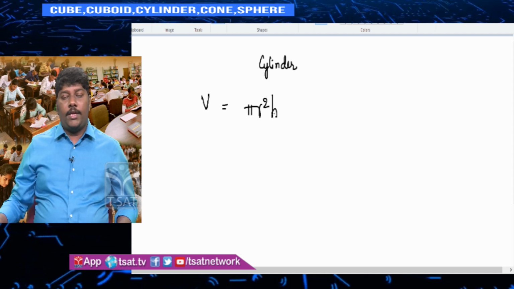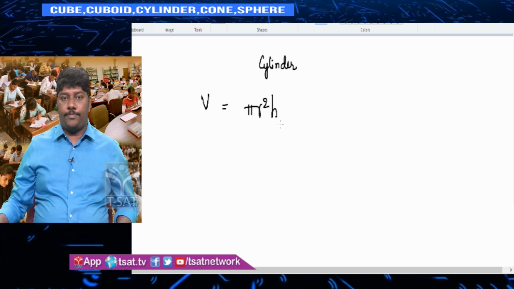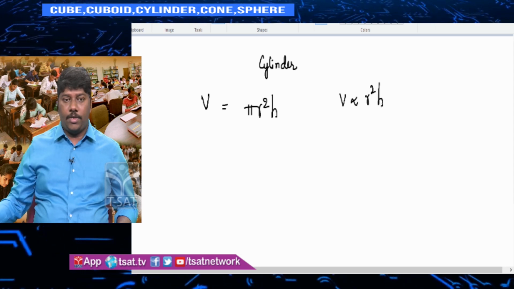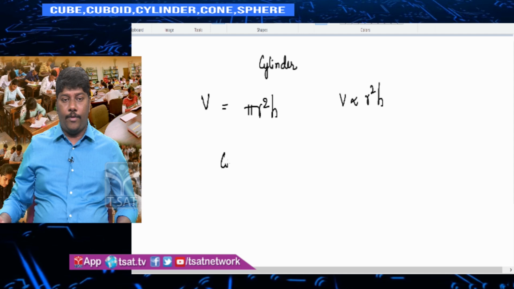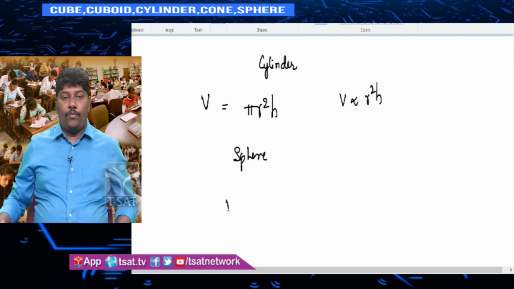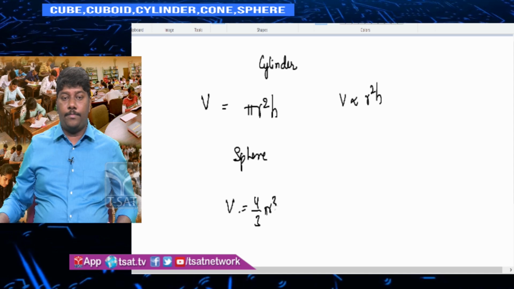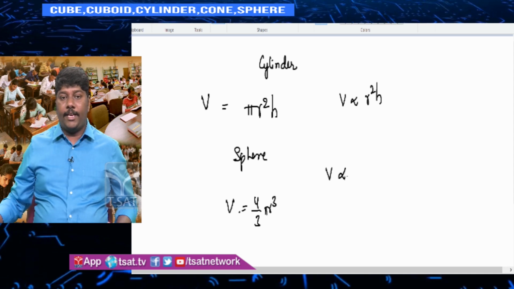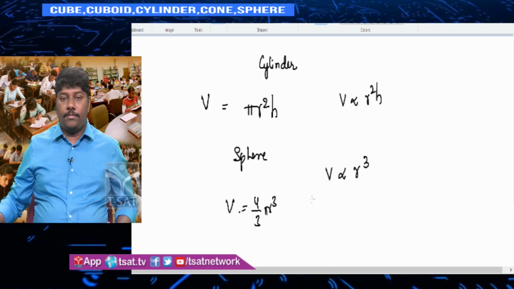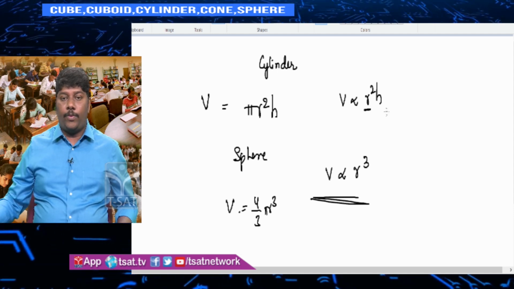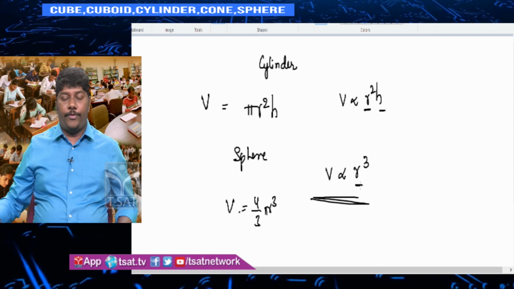Now the volume of a cylinder is pi r square h. Here the variables are r and h, therefore volume varies directly with r square h. For a sphere, volume is 4 by 3 pi r cube, so volume varies directly with the cube of the radius.